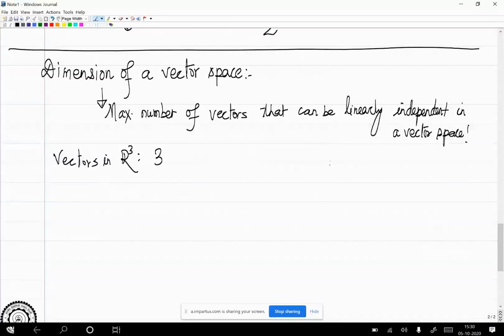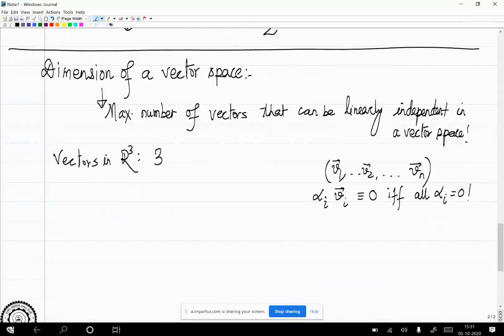We say that V1, V2 up to Vn are linearly independent if the linear combination sum of alpha i Vi is equal to 0 if and only if all alpha i's are equal to 0.